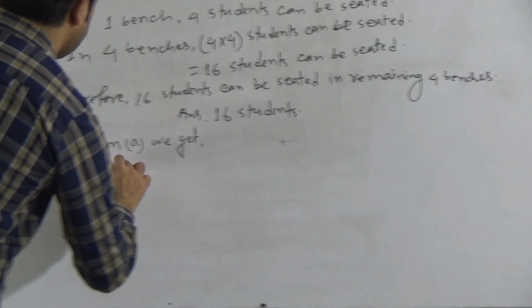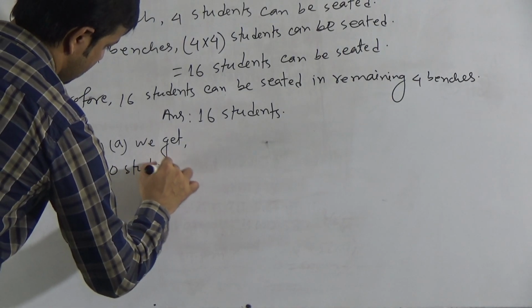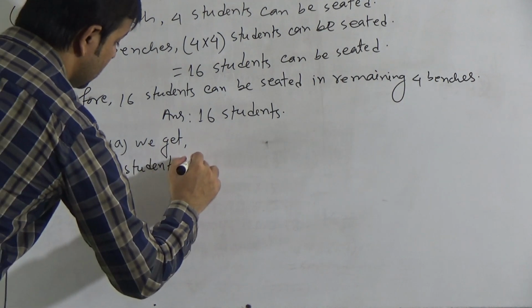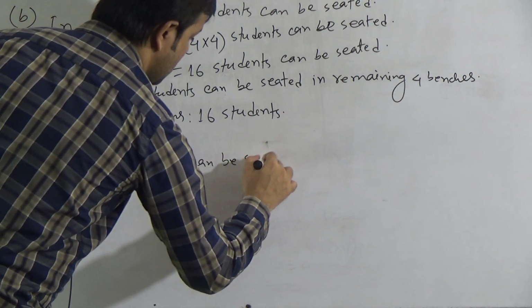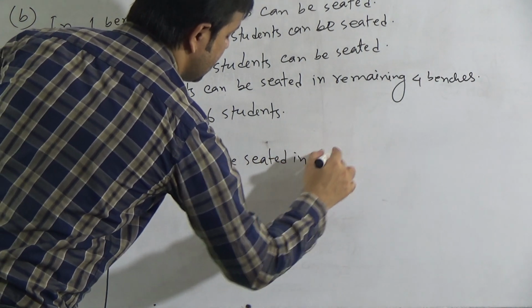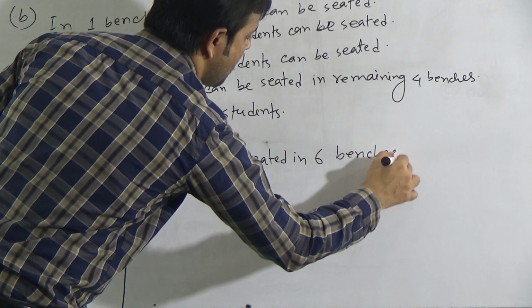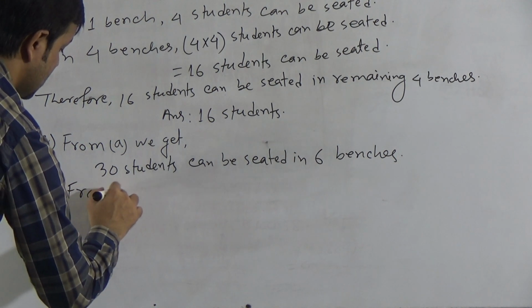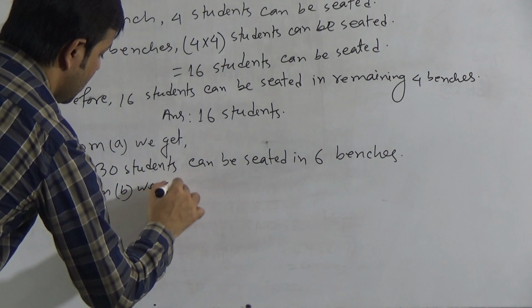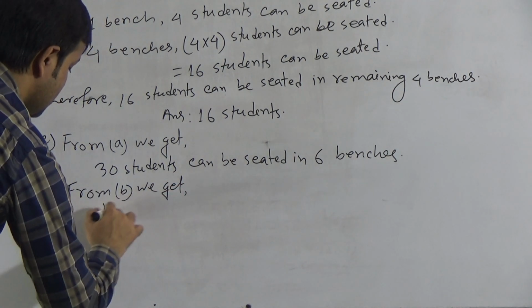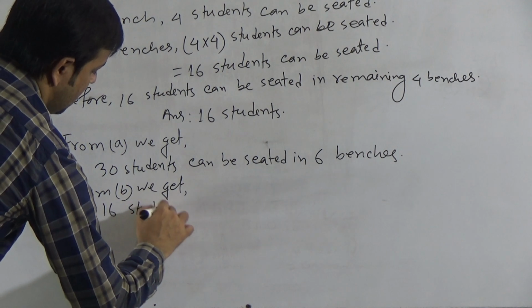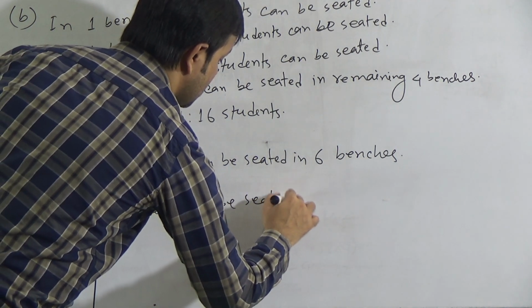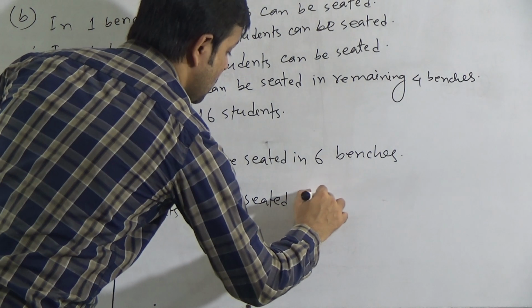30 students can be seated in 6 benches. From B we get 16 students can be seated in 4 benches.